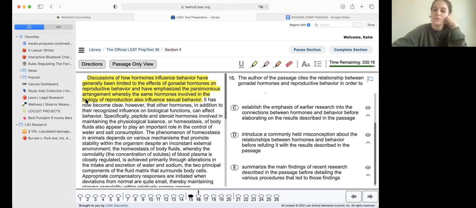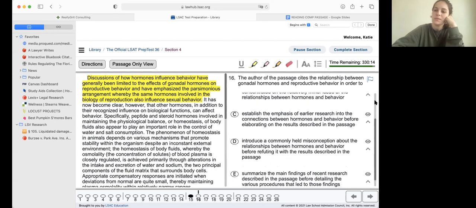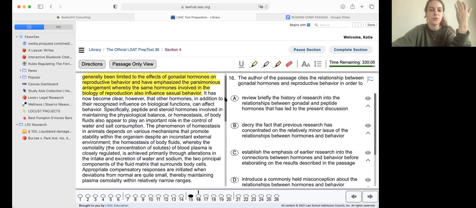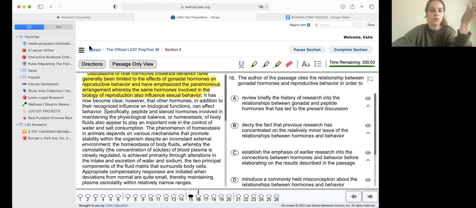All right, sorry to rush us along, but we're going to stop at the top and knock things out. Okay. The overall function of this first paragraph was to introduce this new idea that other hormones, in addition to their recognized influence on biological functions, influence behavior.